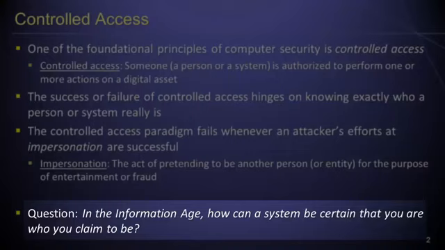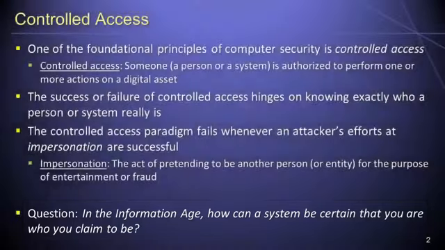Or, in another variation of that question, is it possible for a system to verify with 100% accuracy that you are who you claim to be? As we will see as we proceed through our discussion today, for most of the systems with which we interact, the answer to that question is no.